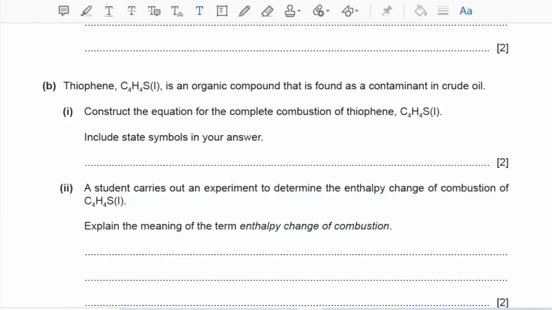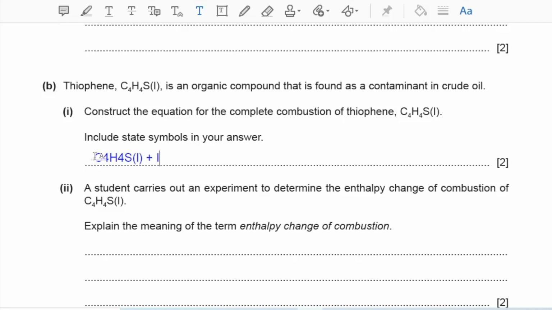Part B, thiophene is an organic compound that is found as a contaminant in crude oil. Part 1, construct the equation for the complete combustion of thiophene. Include state symbols in your answer. So, thiophene is found as a liquid.